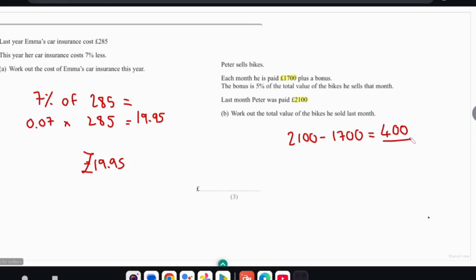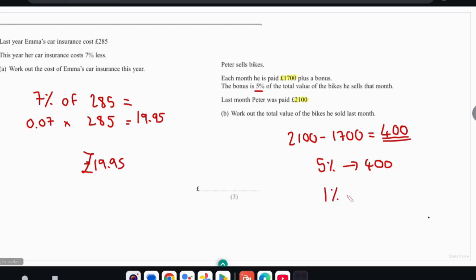which is the bonus. The bonus is 5% of the total value of the bikes he sells that month. So this is the bonus, and it represents 5%. So we need to work it up to 100%.